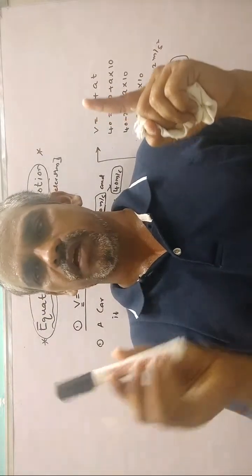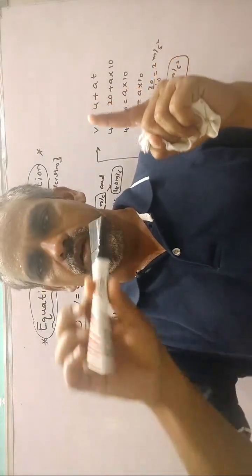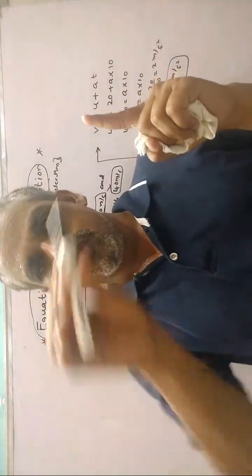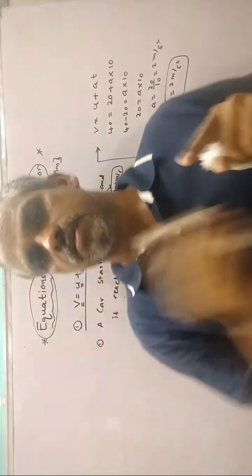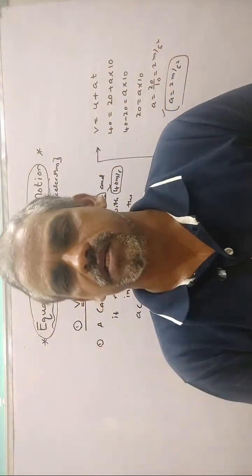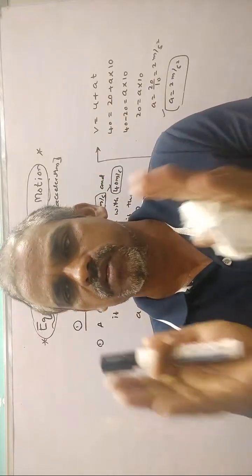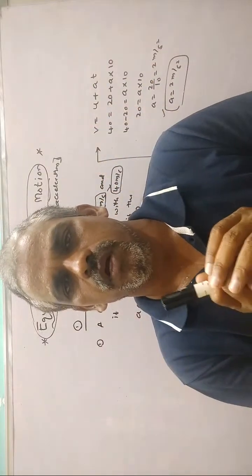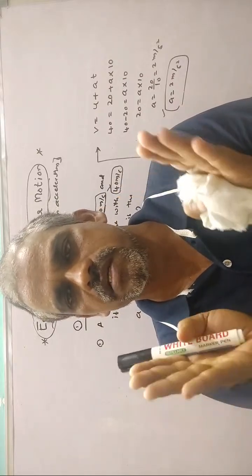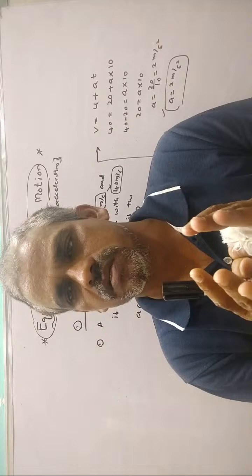In the problem, we have 20 meter per second, then it goes to 40 meter per second. The velocity increased from 20 to 40 in 10 seconds. My question is, what is the acceleration? So acceleration is nothing but change in velocity by change in time. We discussed yesterday the acceleration definition, change in velocity by change in time.